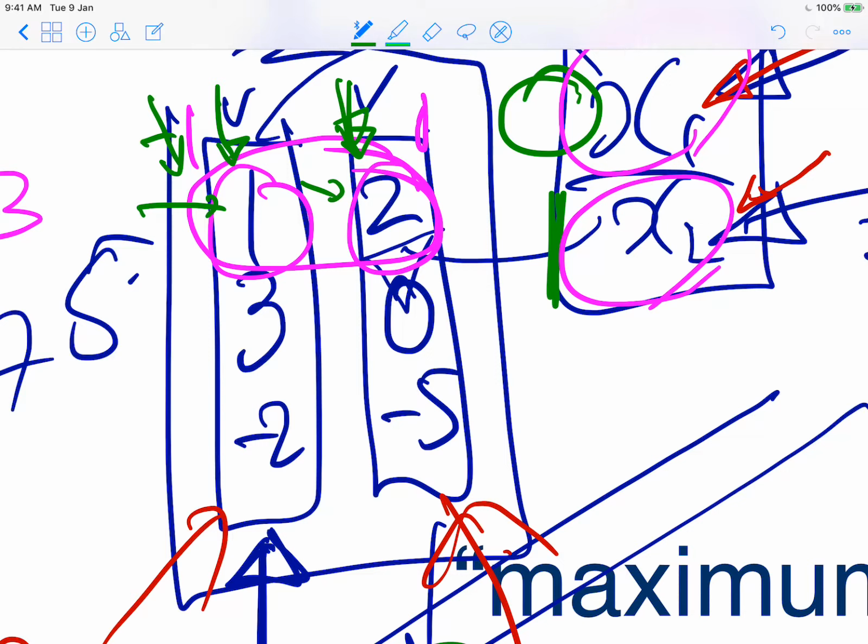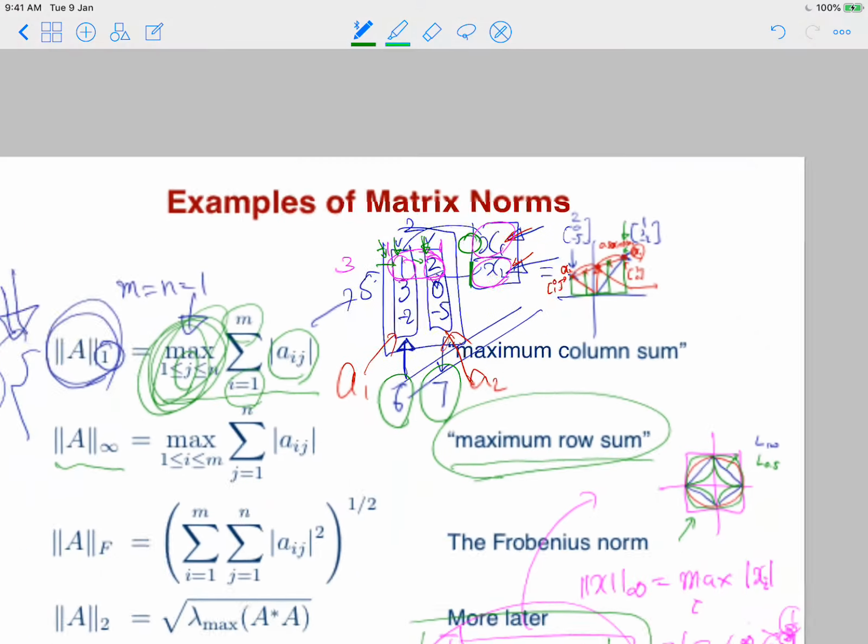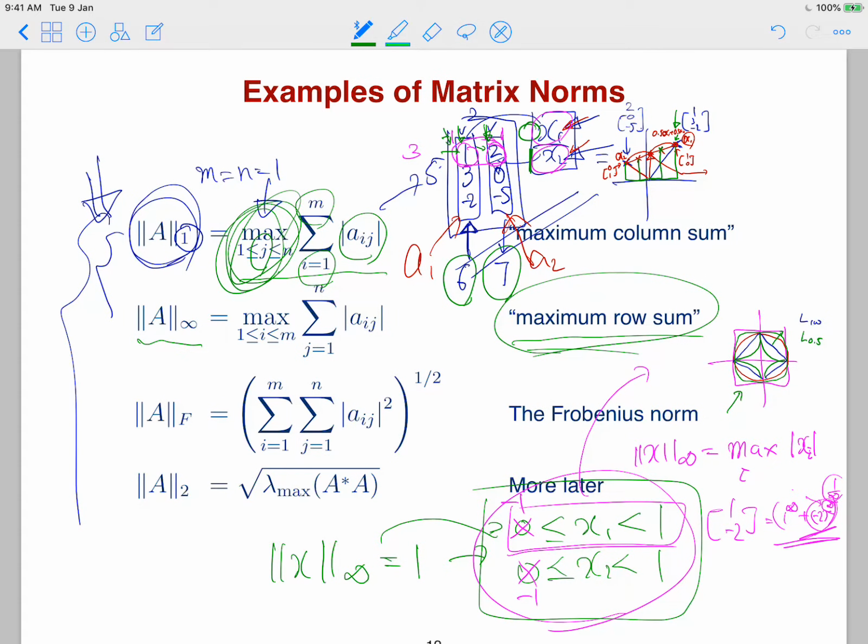We look at each row and consider the maximum sum of absolute values in each row. We focus on that row, and we just flip the sign if it is a negative value, so that they actually contribute as positive values, right? Does it make sense? So that way, this guy is the maximum row sum.